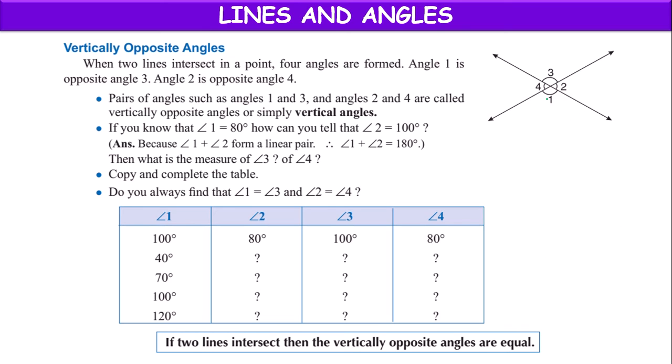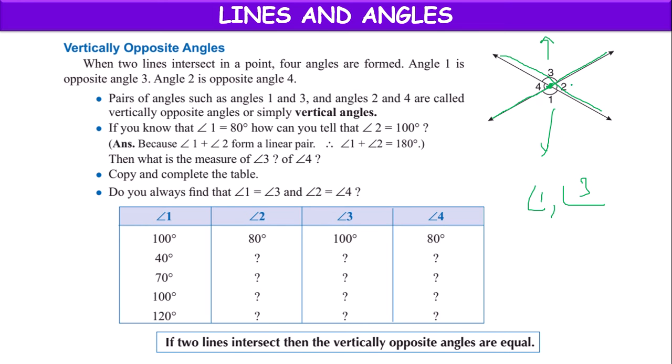In these 4 angles, if you observe, angle 1 and angle 3 are opposite to each other at the same vertex. They are located on opposite sides. So angle 1 and angle 3 are considered as vertically opposite angles.